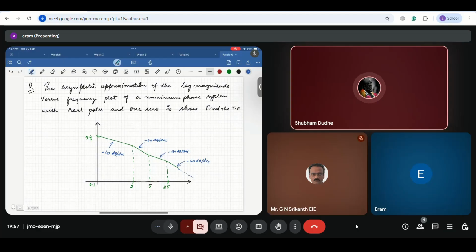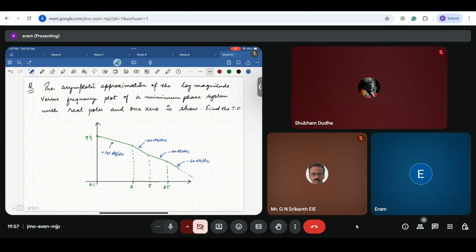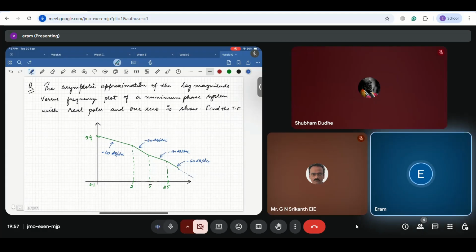Our college has one paid version of MATLAB, but they don't provide it to every student. Okay, so then we can have it with the online version also. There is no problem. But the only problem that I feel is that it sometimes gets stuck and it is sometimes very slow. So I avoid that.